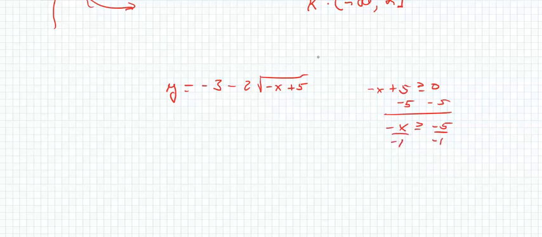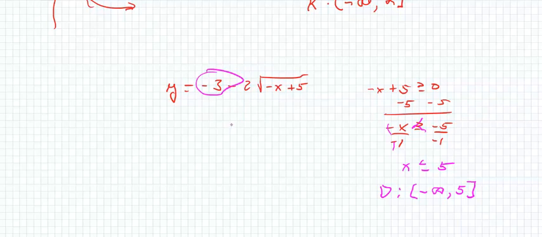It's an inequality, switch the direction, x less than or equal to 5. So if I'm less than 5, my domain starts at negative infinity up to 5. I look here, my starting point is negative 3. My graph goes down, my graph goes to the left. So I have negative 3 and 5 down and to the left.